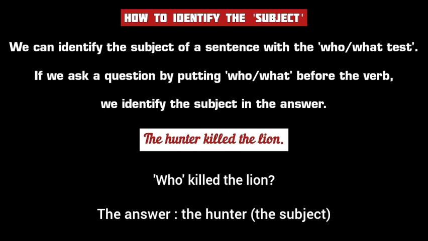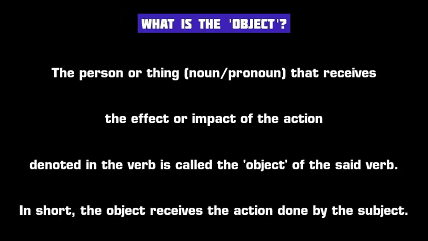What about the object? Well, the person or thing that receives the action of the verb is called the object of the verb. The object is also a noun or a pronoun, just like the subject. But the object denotes the person or thing that is affected by the action of the verb.